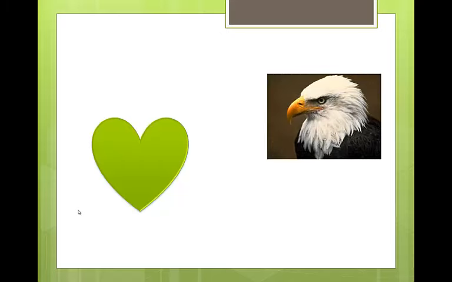Here's another example. Look at this bird. Take a minute and pause and think about what this bird means to you. Again, there are possibly various answers.